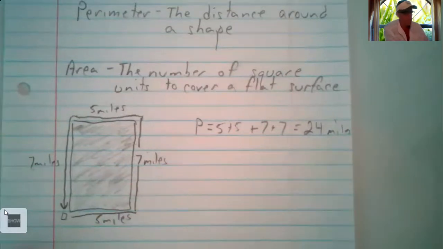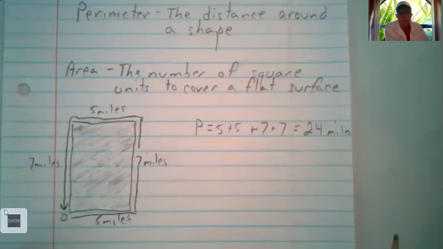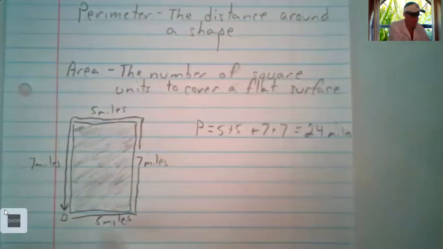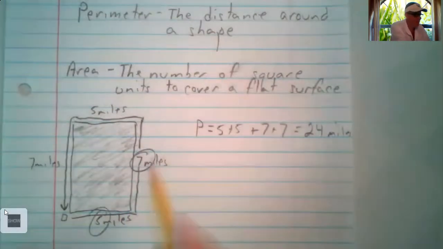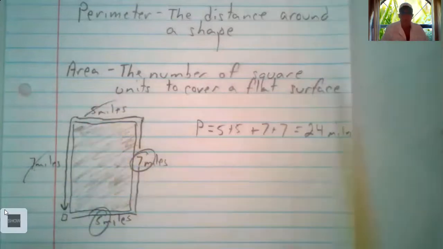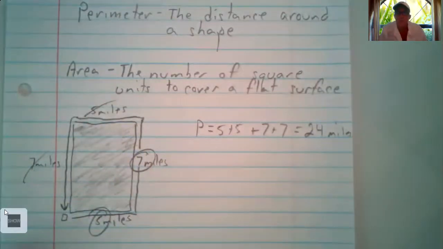And the way that you calculate area is simply length times width. So my length I see is 7 miles. My width is 5 miles. I don't care about this. I don't care about that. I'm not dealing with perimeter anymore. I'm dealing with area.